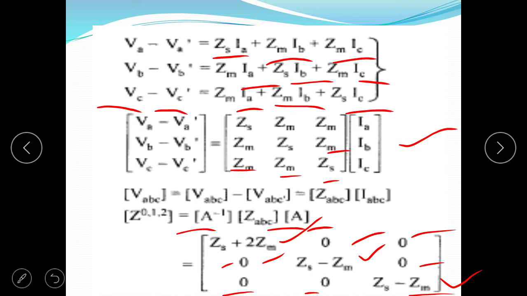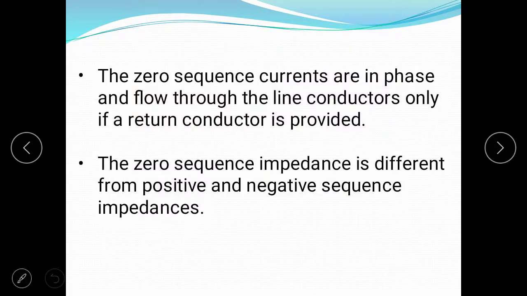Here, positive sequence and negative sequence impedance are both equal, but zero sequence impedance is greater than positive and negative sequence impedance. The zero sequence currents are in phase and flow through the line conductor only if a return conductor is provided.